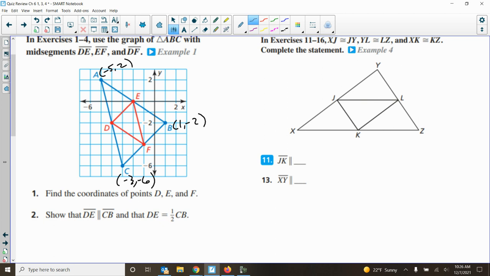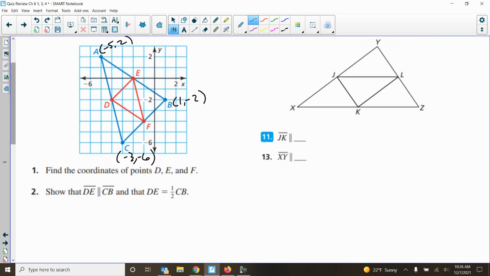Okay, so point D is the midpoint of A and C. So we're going to say take negative 5. It's plus negative 3, so I'm just going to say minus 3 over 2, comma 2 minus 6 over 2 because it's negative 6. Negative 5 minus 3 is negative 8 over 2 is negative 4.